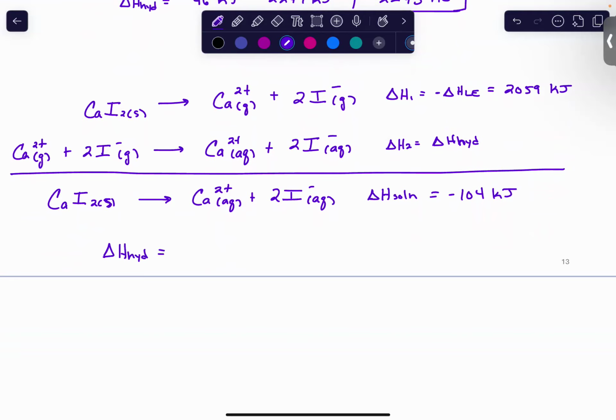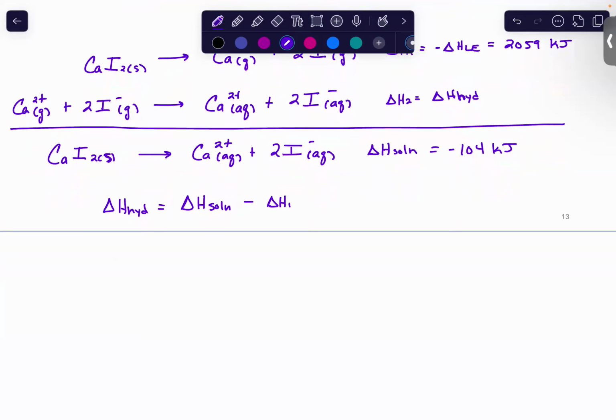Hope you remember from above, this is going to be your solution enthalpy minus your first enthalpy. So now we have the hydration enthalpies for each one of these.